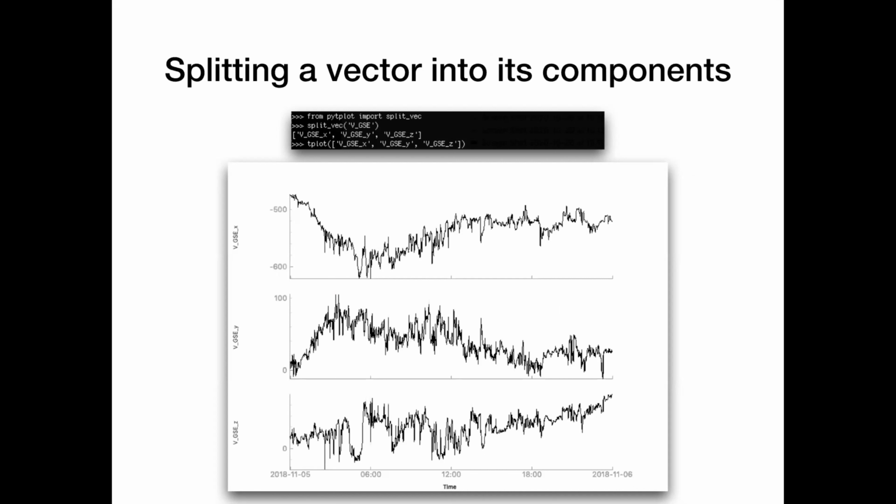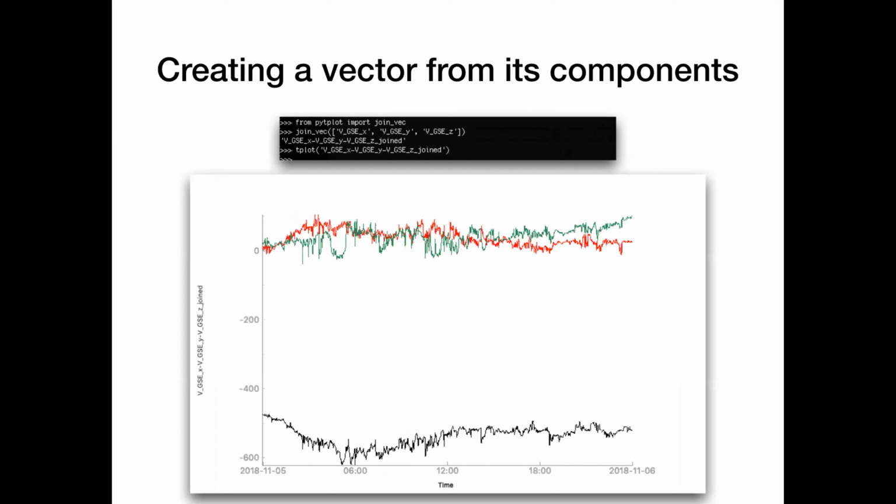And the opposite of that is creating a vector from its components. pytplot has a tool called joinvec. You just import joinvec from pytplot, and then call joinvec on the variables that you want to join together. By default, it appends the variables together and adds an underscore joined at the end.